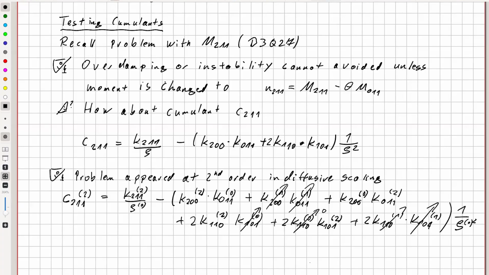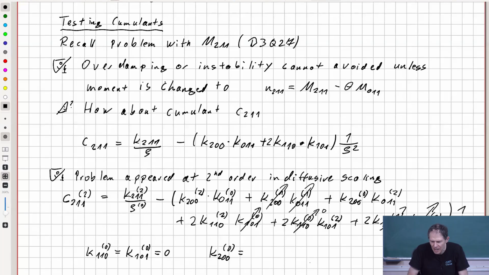Now this K110, as I just said, is the same as K101 to zero order. So at zero order, they do not exist. But one thing that exists at zero order is K200.